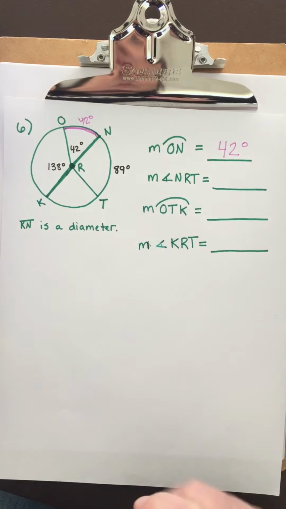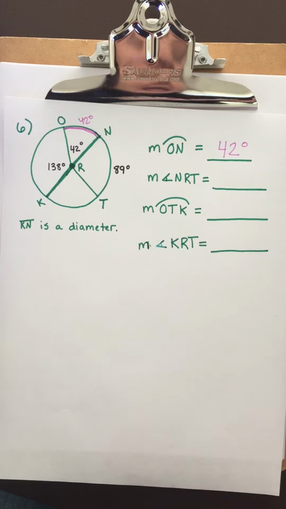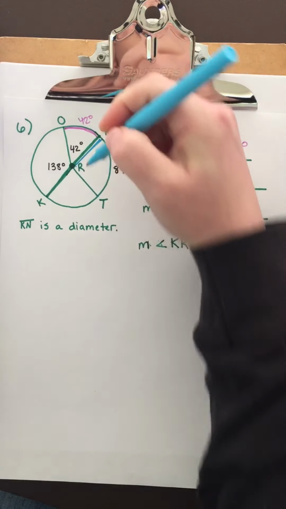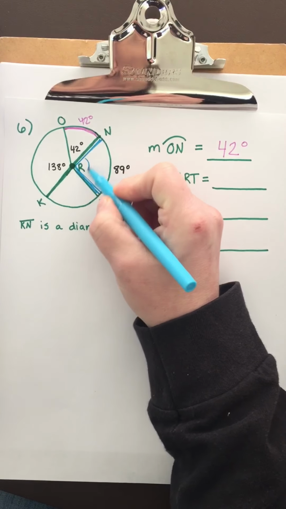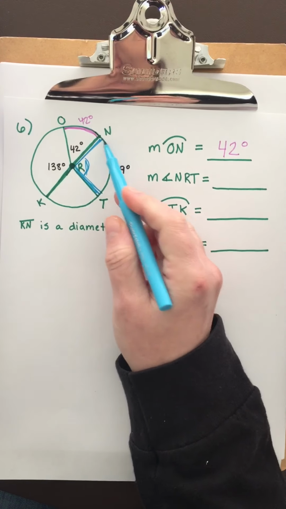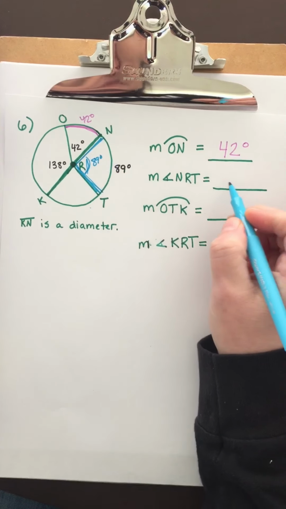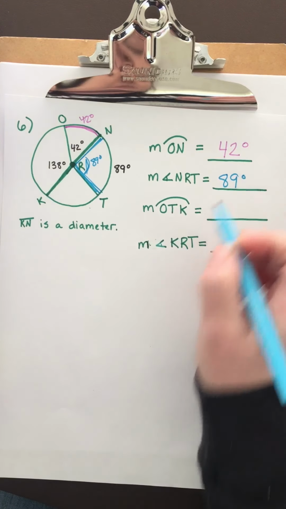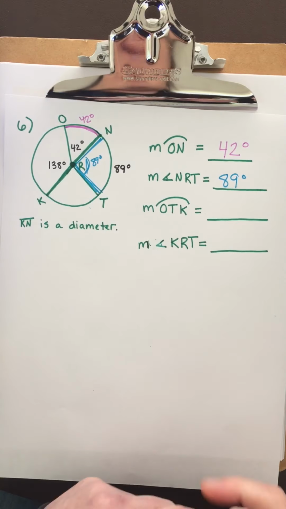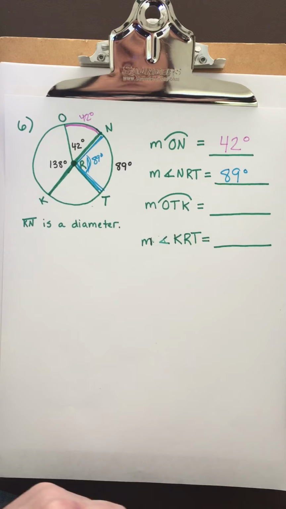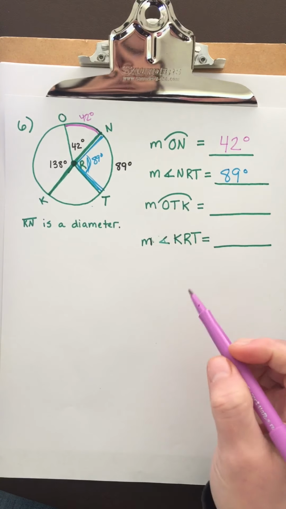All right, and then they want me to find the measure of the angle NRT. So here's angle NRT. All right, so again, since this minor arc is 89 degrees, I know the measure of this central angle is also 89 degrees.